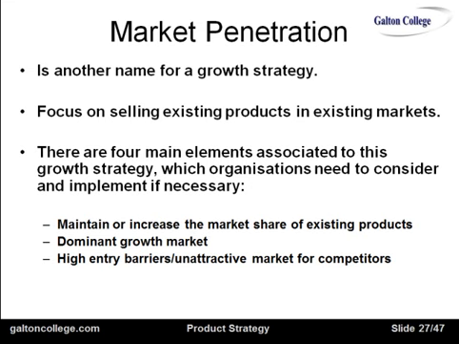And high entry barriers could be the cost of the capital required to set up, or the research and development necessary to develop a product, or getting sufficient skilled labour to produce the product. All of these constitute barriers to entry. There's a whole list of these, but they are considered in a separate video.